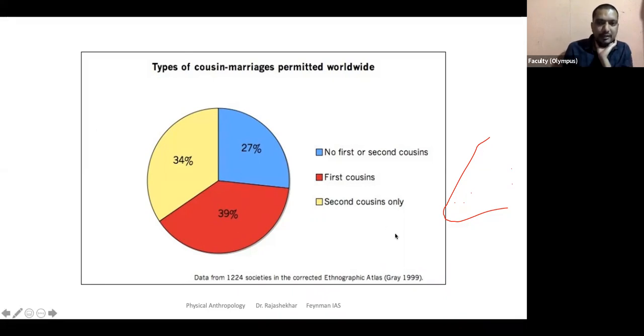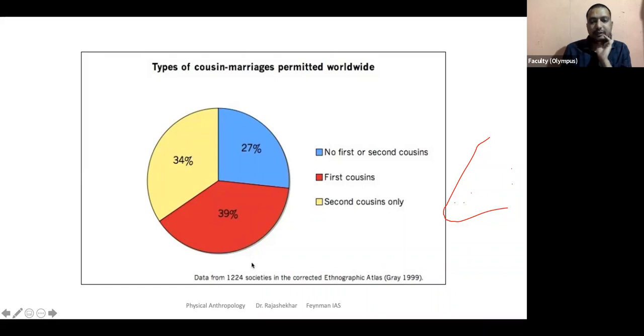From a 1999 study, types of cousin marriages permitted worldwide: first cousin marriages, 39%, are allowed in the world. And second cousin marriages are 34%.